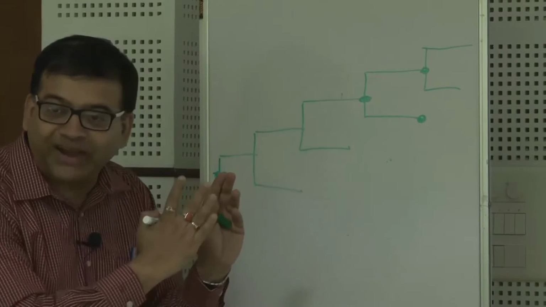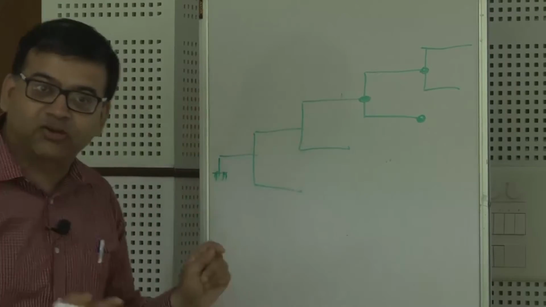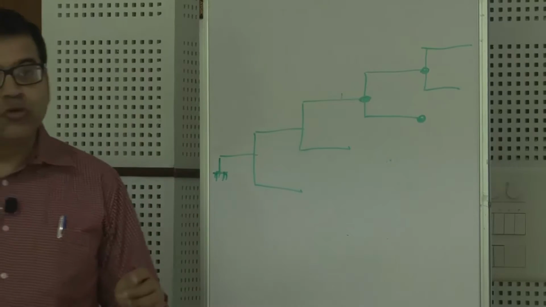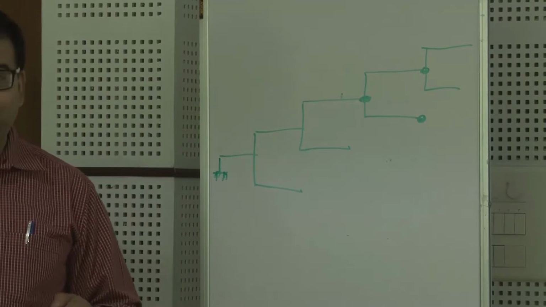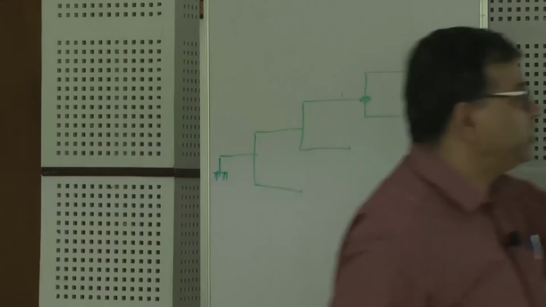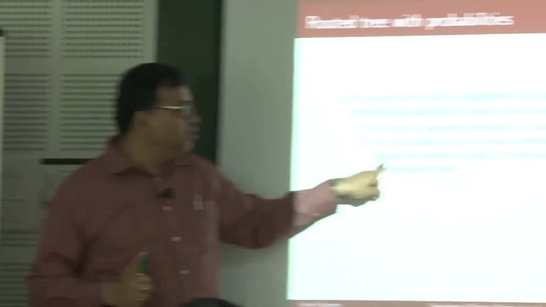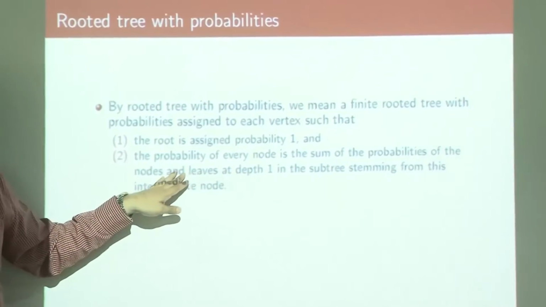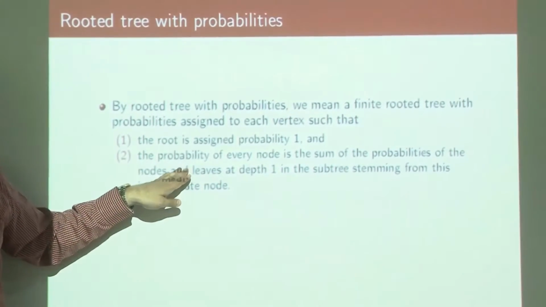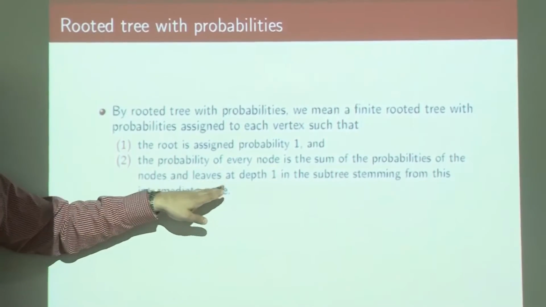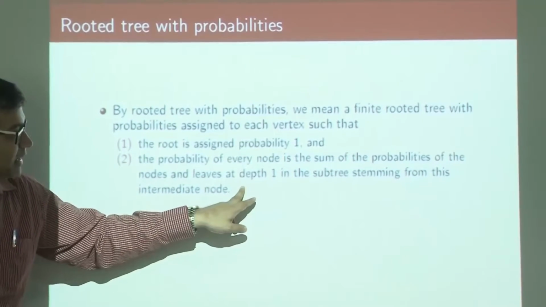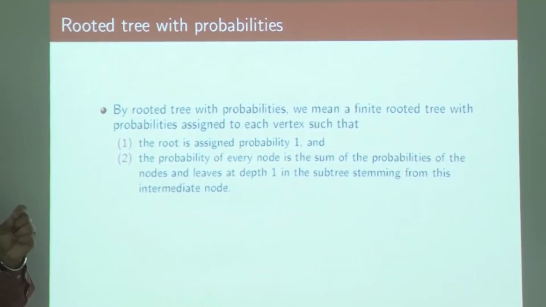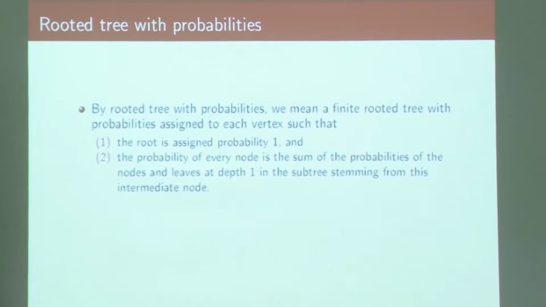So you have to look at depth 1 from that particular node, and when you look at depth 1 from that particular node, it could be either a node or it could be a leaf. That is why I wrote here it's the sum of probabilities of nodes and leaves at depth 1. We could have all the nodes, or we could have all the leaves, or we could have nodes and leaves, but you have to look at depth 1 from that particular node and sum their probabilities, that is the probability of the node. Okay.